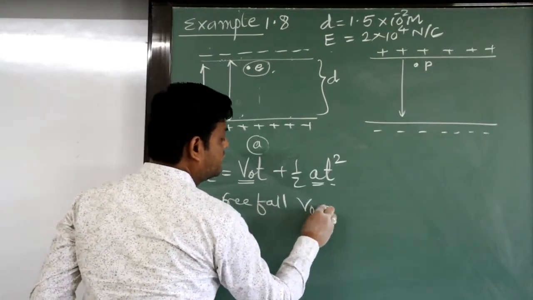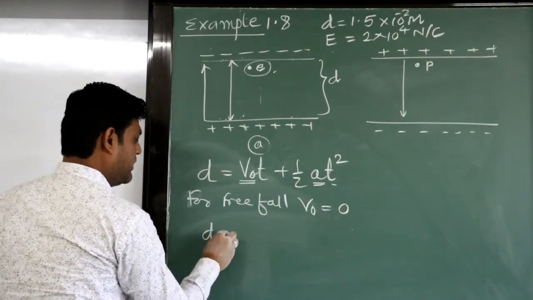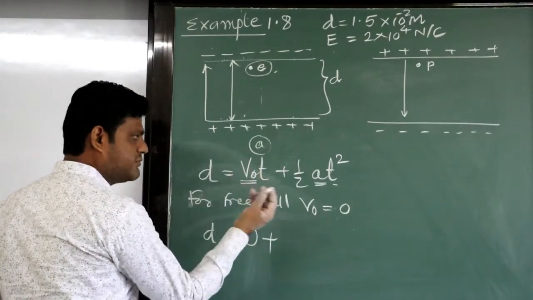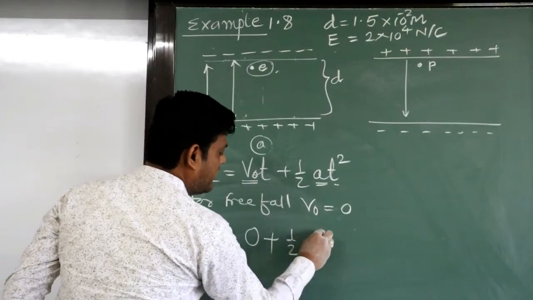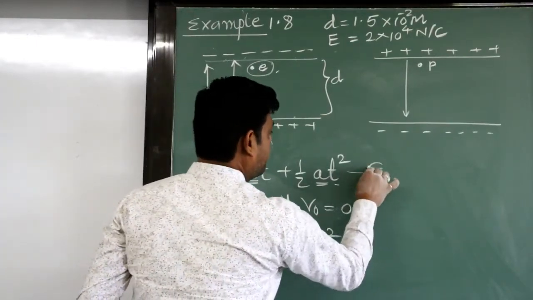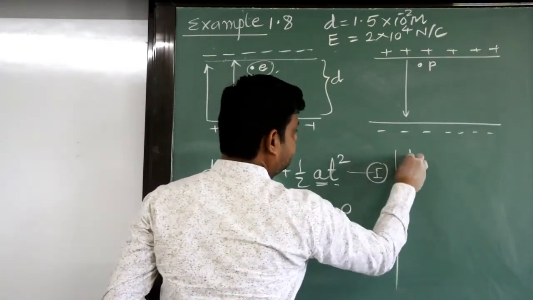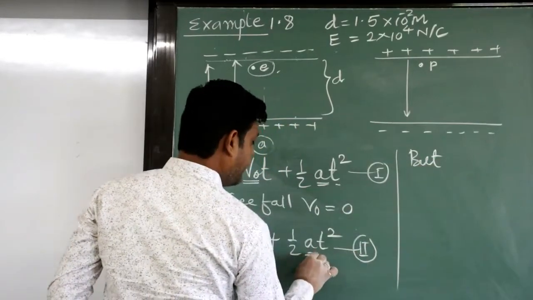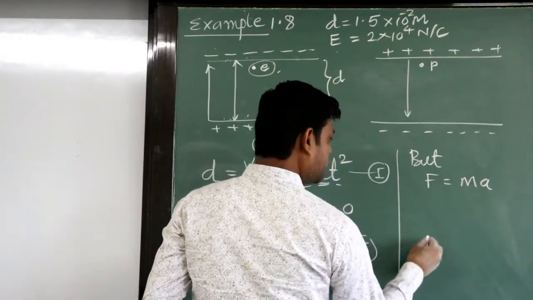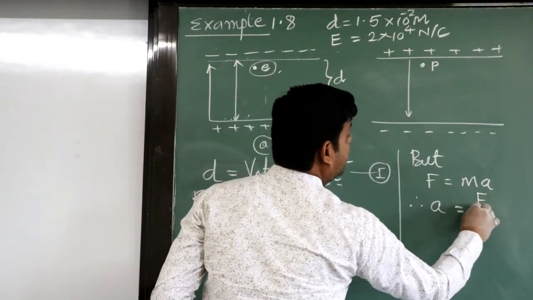For the free fall, initial velocity v0 equal to 0. Put v0 equal to 0 in the above equation: d equal to 0 plus, 0 multiplied by t becomes 0, half of a t square. So a is the acceleration. This is suppose equation number 2 we can write. But for a we are going to calculate. We know that F equal to m into a. Therefore a equal to F by m.